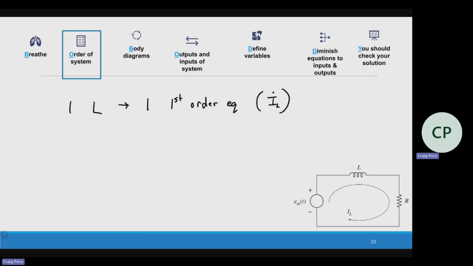And so I'm looking for one equation with an IL dot. Resistor doesn't add to the order. The active element doesn't add to the order. It's just if we have a capacitor or inductor. Okay. No questions? Everyone's okay?